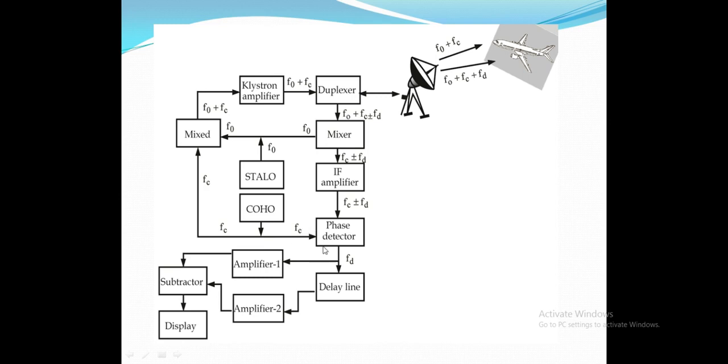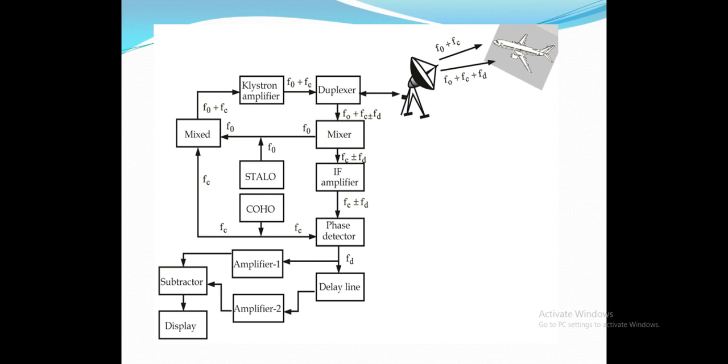So here the detector will compare the IF signal with the reference signal from the Coho. The frequency produced by the Coho is same as that of the IF frequency, and hence it is called a coherent frequency. The detector provides an output depending upon the phase difference between these two signals.